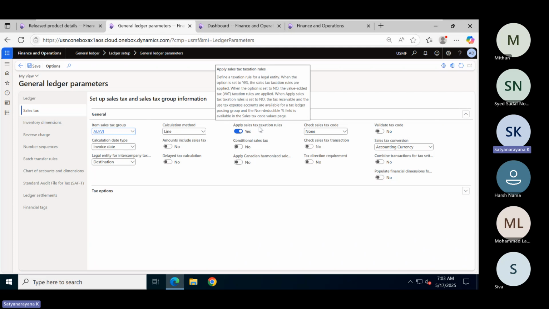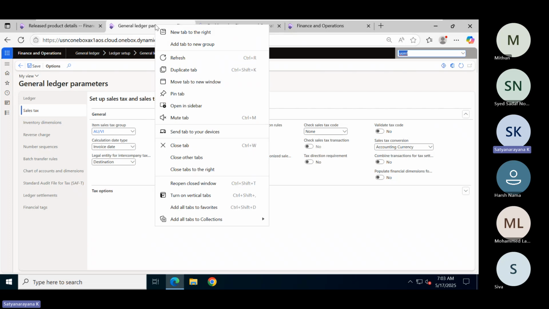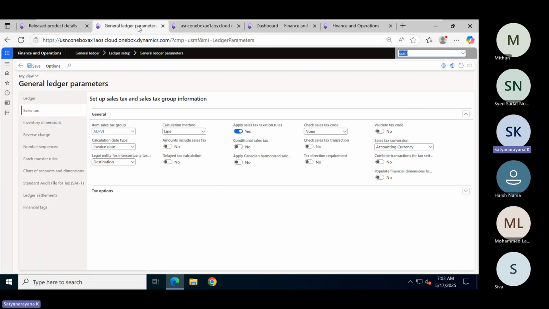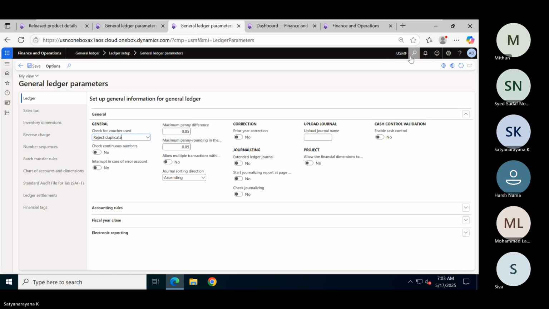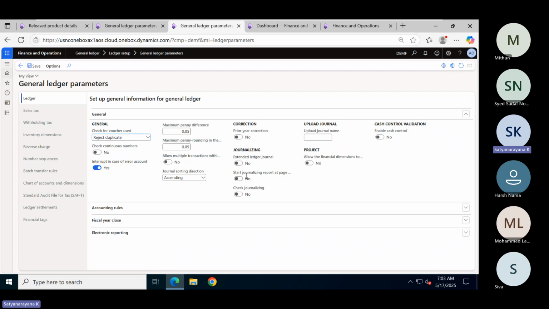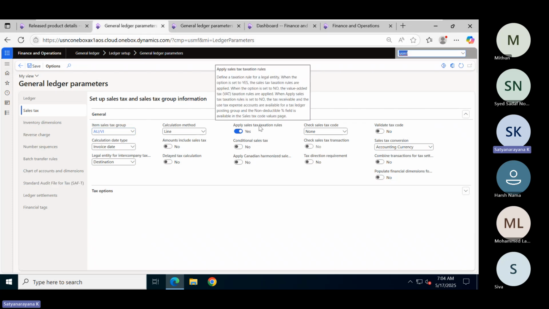If no means it is value added taxation rule. In DMF company, if you are taking DMF company, this will not be enabled. It is not enabled. Apply sales taxation rule. This will be disabled.